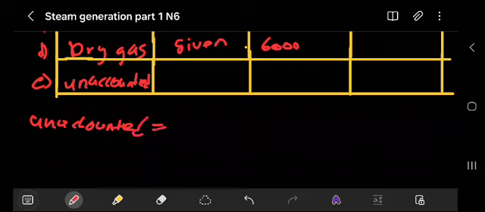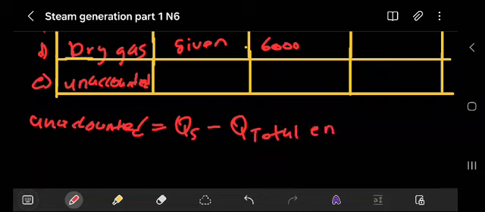will be equal to the mass of the fuel supply, the supply energy, minus the total energy, the total heat in the system.